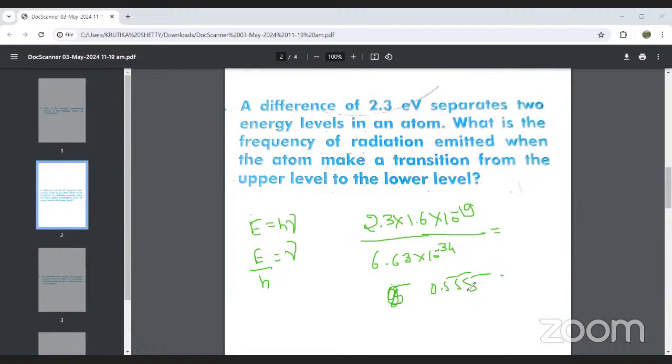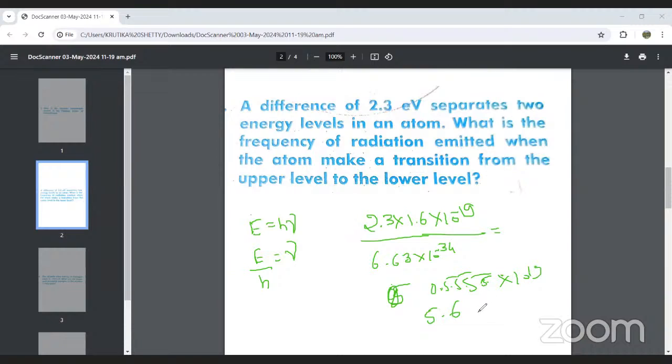0.5555 is coming. According to rounding off the figures, we can make it 5.6 also. So if you shift the decimal, 0.555 into 10 raised to 19, that is 1, 2, 3, 4.